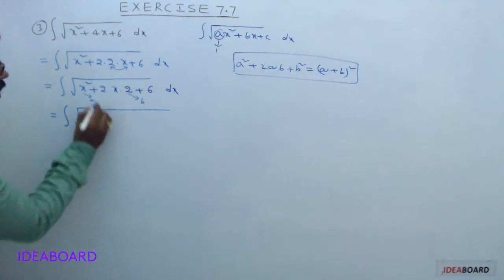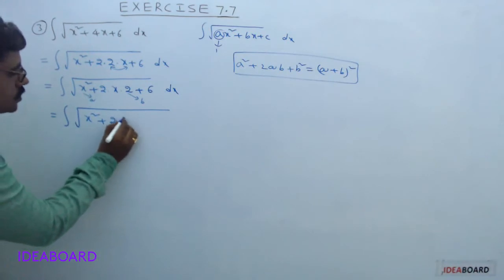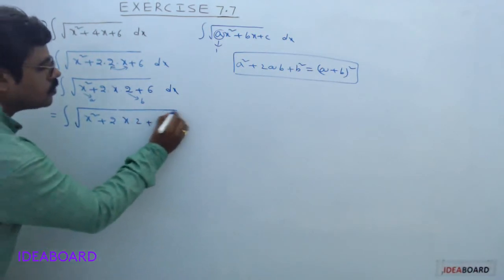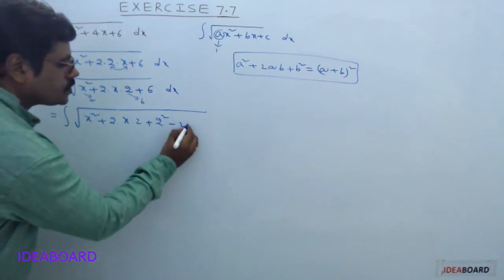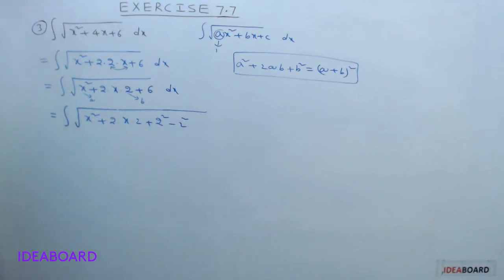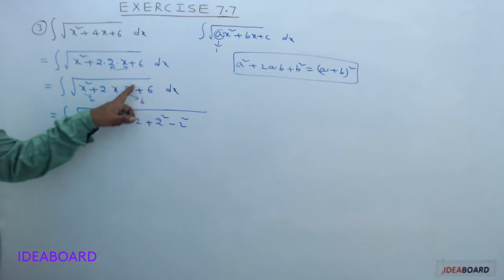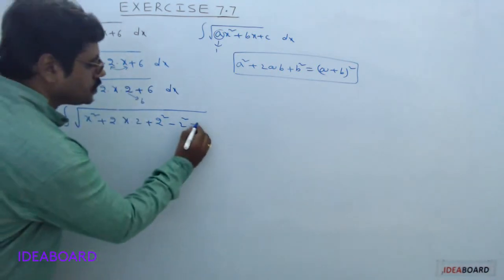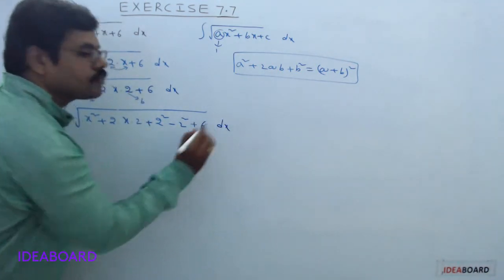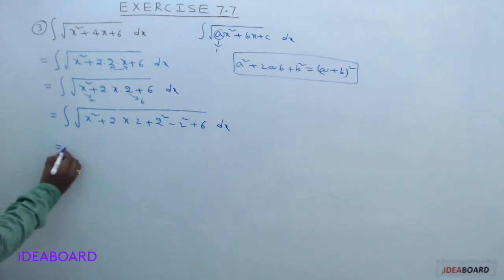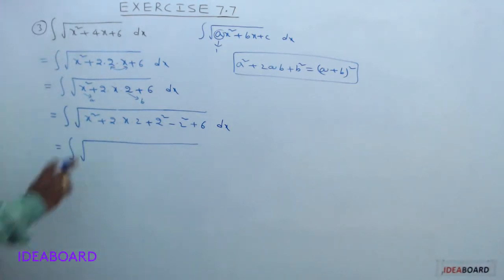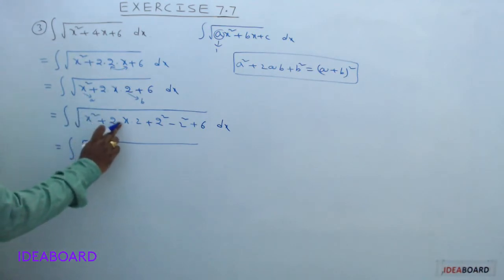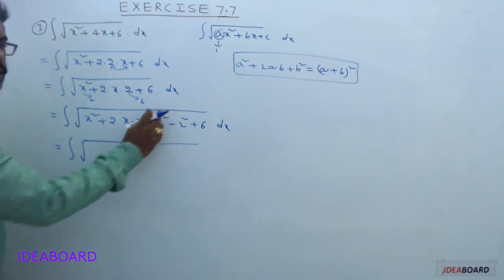So it can be taken as x square plus 2 into x into 2 plus 2 square, adding and subtracting 2 square. Then constant in the previous term will be plus 6 dx. Now this is equal to integral square root of x square plus 2 into x into 2 plus 2 square.